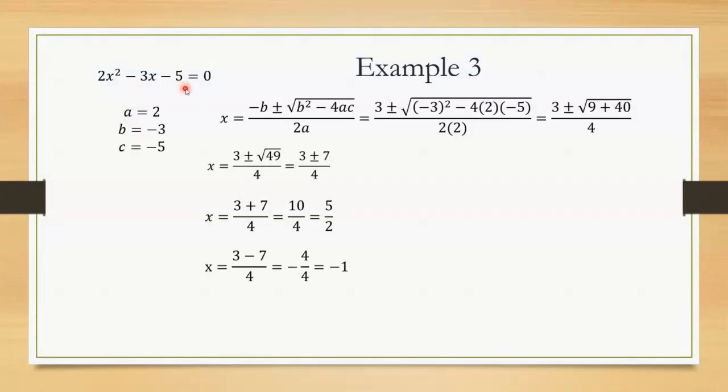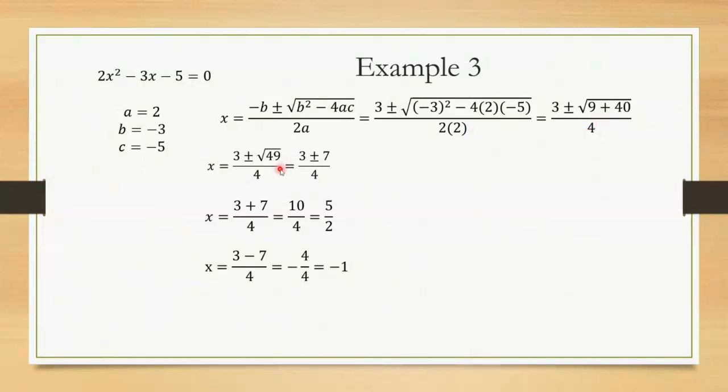And so from here, we get x equals -b, oh, excuse me, -3, that's a double negative, so that becomes 3, plus or minus the square root of -3 squared, minus 4 times a, which is 2, c is -5, over 2 times 2, and this becomes 3, plus or minus the square root of 9 plus 40 over 4.